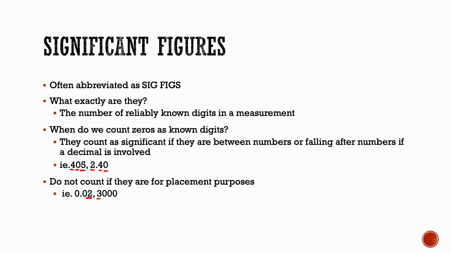This one, the zeros are to get us to the nearest hundredth. This one, for all we know, they just rounded the answer to the nearest thousand. Now we can make 3,000 have all 4 be significant if we put a decimal at the end, because that would mean that we've measured to that precision. But otherwise, it would just be 1 significant figure.